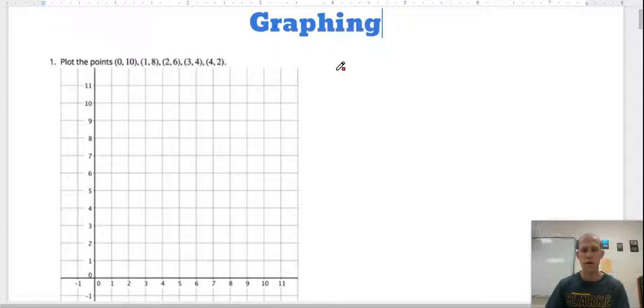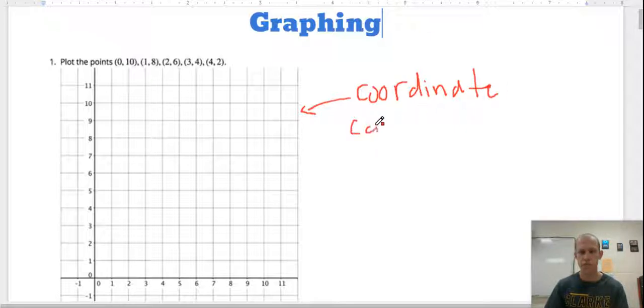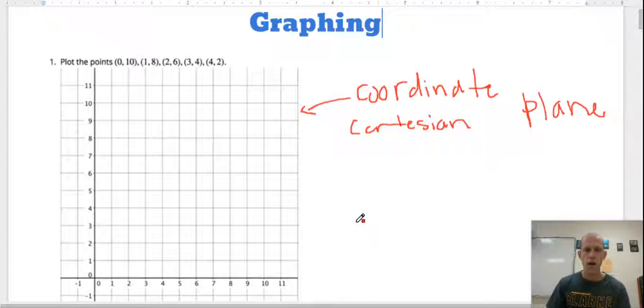We sometimes call this diagram a coordinate plane because we put a bunch of coordinates on it, or we call it a Cartesian plane. Okay. Some parts of this coordinate plane or Cartesian plane. This horizontal line is what we call the x-axis.